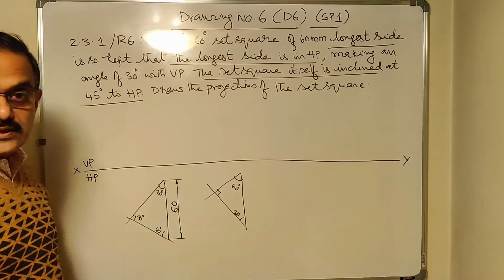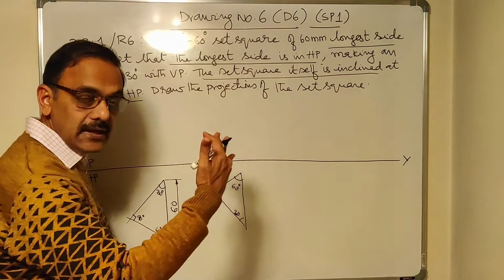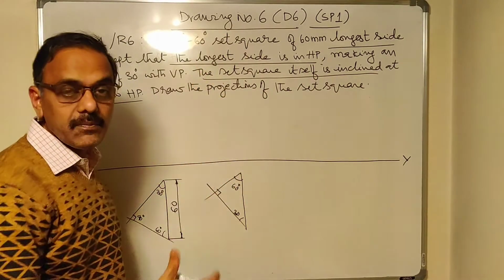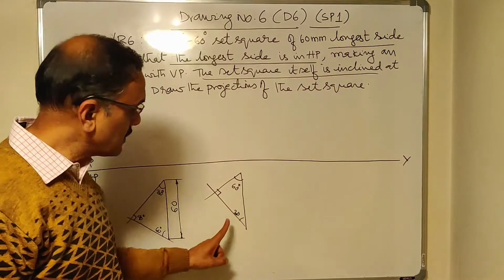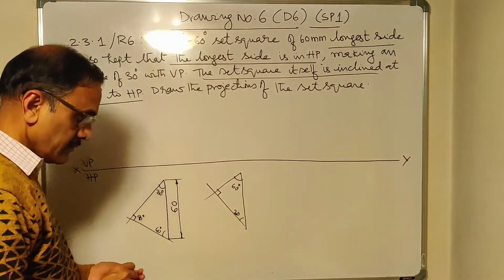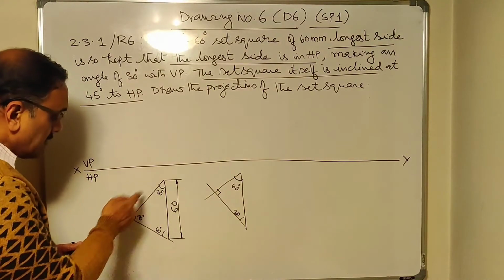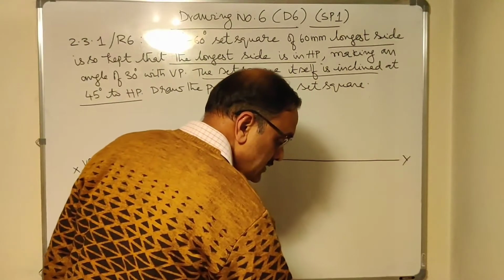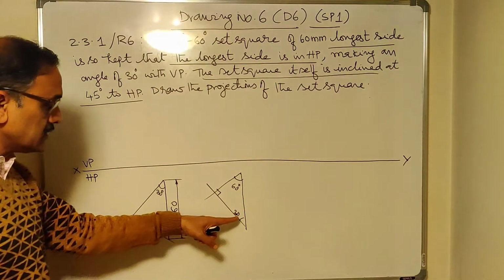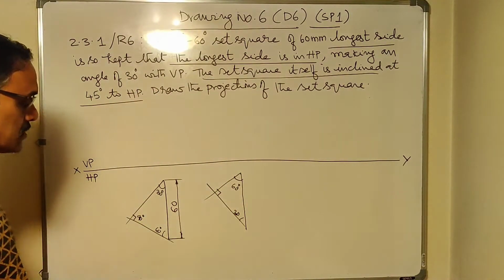The only condition is that hypotenuse must be taken on the right side and it must be drawn perpendicular to XY. With that you can complete the set square this way also. We don't know what is the length of these edges. Let us not bother. It's not required for me, as long as the angles are correct. One of the angles should be 30 and the other should be 60.